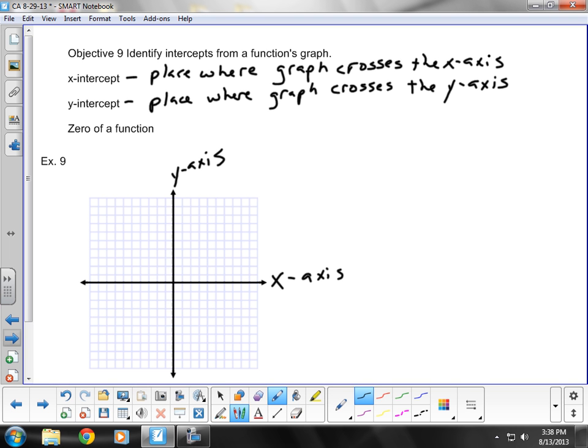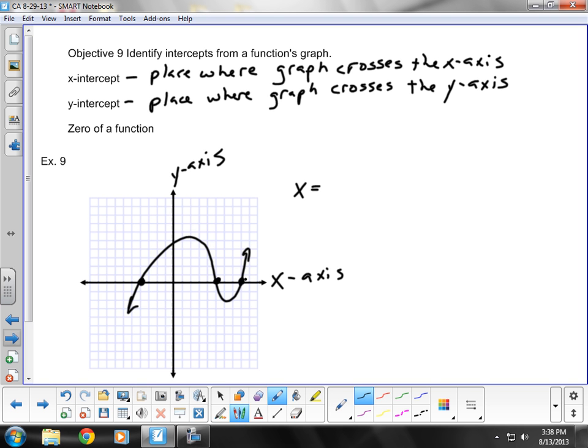Now, I want you to notice if I draw a graph on here, that this point, and this point are all x-intercepts because I have crossed the x-axis with all 3 points.